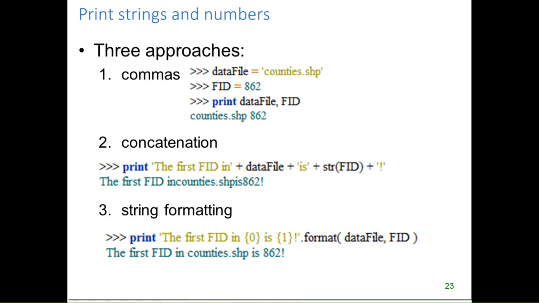You can use concatenation, and that won't put any spaces in between the string literals and the variables that you have. So here we have the first FID in, that has spaces in it because that already had spaces in the literal, and then counties comes right after that, smack after it, because we didn't put an extra space in there for it.